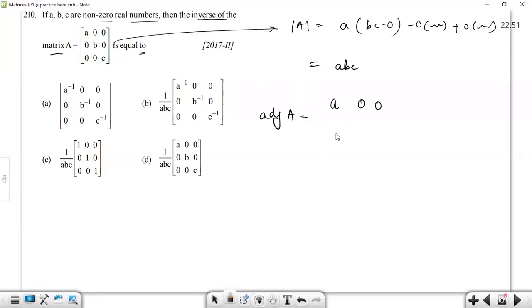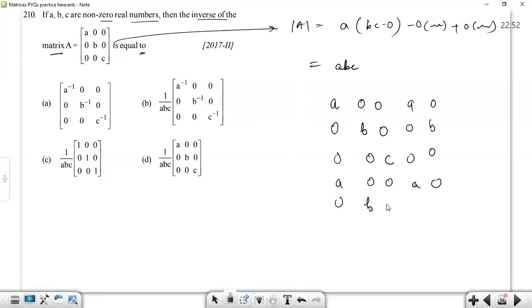We are finding the adjoint of A: a, 0, 0; 0, b, 0; 0, 0, c. Repeating the first two rows, a 0 0, a 0 0, 0 b 0, 0 b.